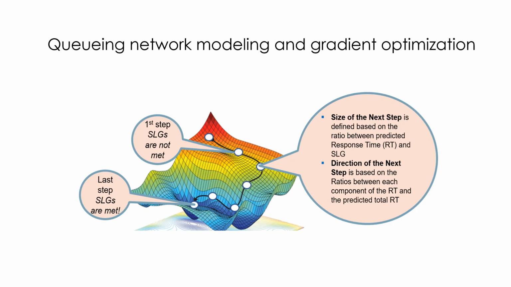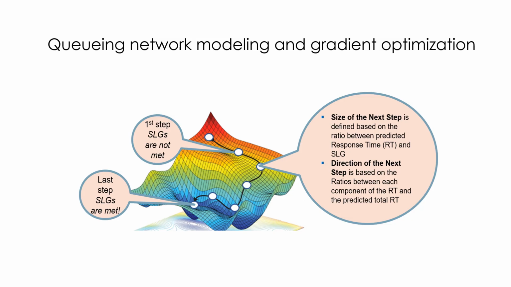Queue network models work in tandem with gradient optimization. The objective is to determine the minimum configuration and workload management changes needed to meet service level goals. Work is organized in multiple steps.